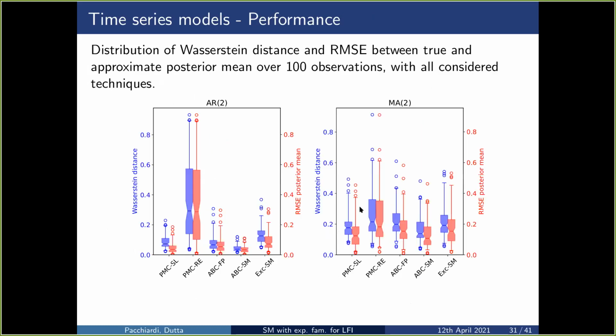And when we look into the distribution of Wasserstein distance and RMSE for this AR and MA model, we can see the performance of ABCSM is actually the best in all of these cases, and Exchange SM is quite good, and very close to the other methodologies which have been proposed. Notice that you virtually do not need to do any further model simulations when a new observation comes.